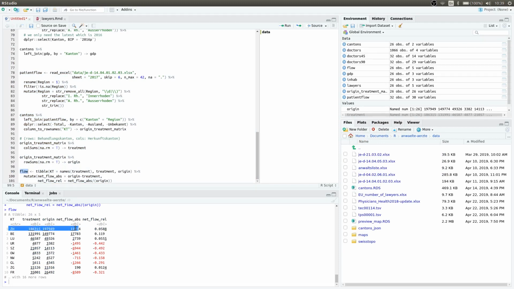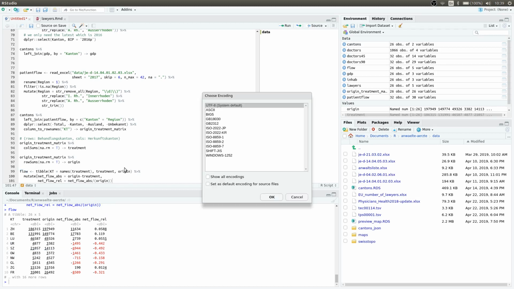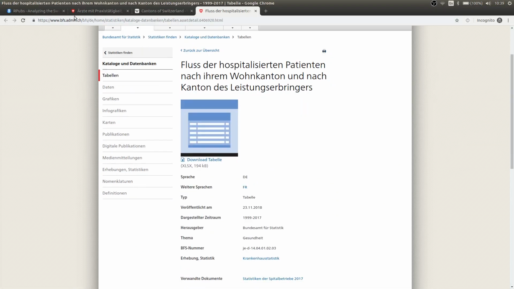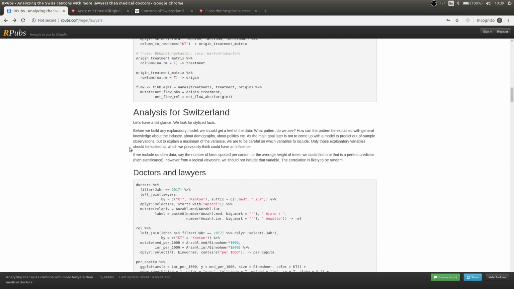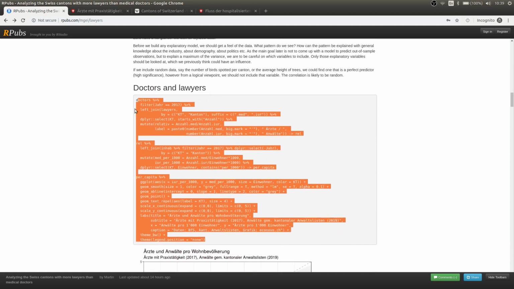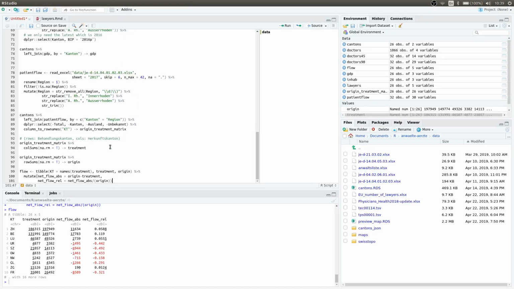So in Zurich you have a positive inflow of patients as opposed to, say, Obwalden, which has a negative flow, an outflow of patients. And we also have it relative to the resident population. So going back to the script, we are doing some first plots.